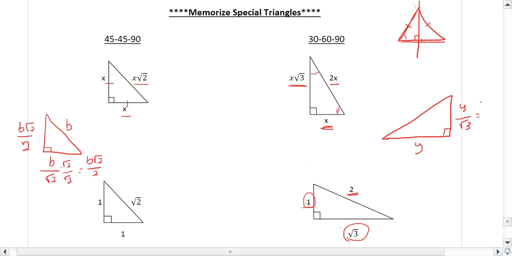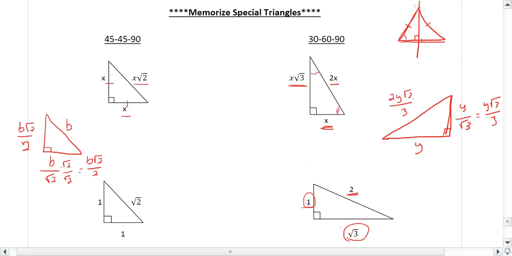And again, rationalizing the denominator, I would have y square root 3 over 3. To go from the short leg to the hypotenuse, we double it. So it would just be 2 times whatever this is: 2y square root 3 over 3.